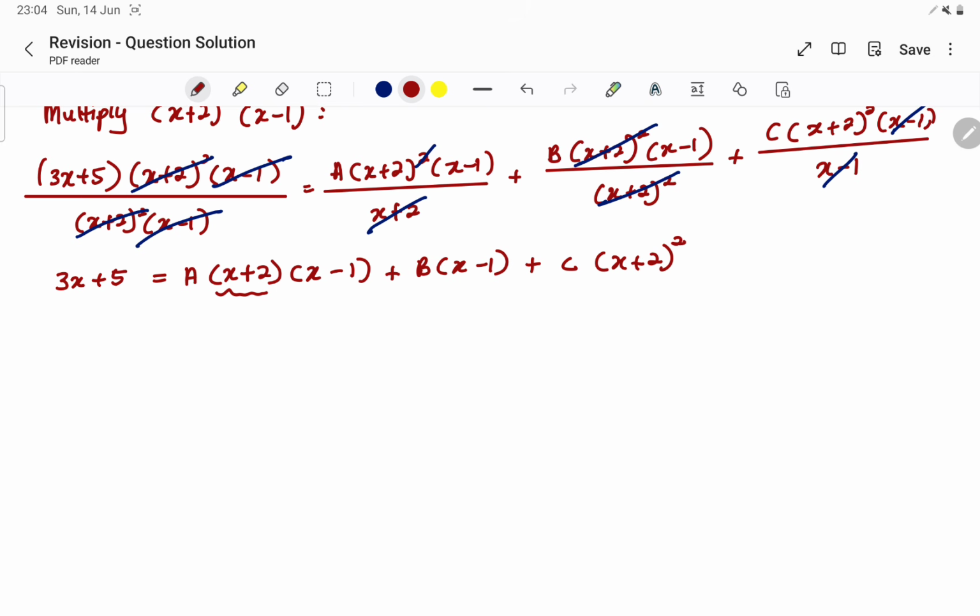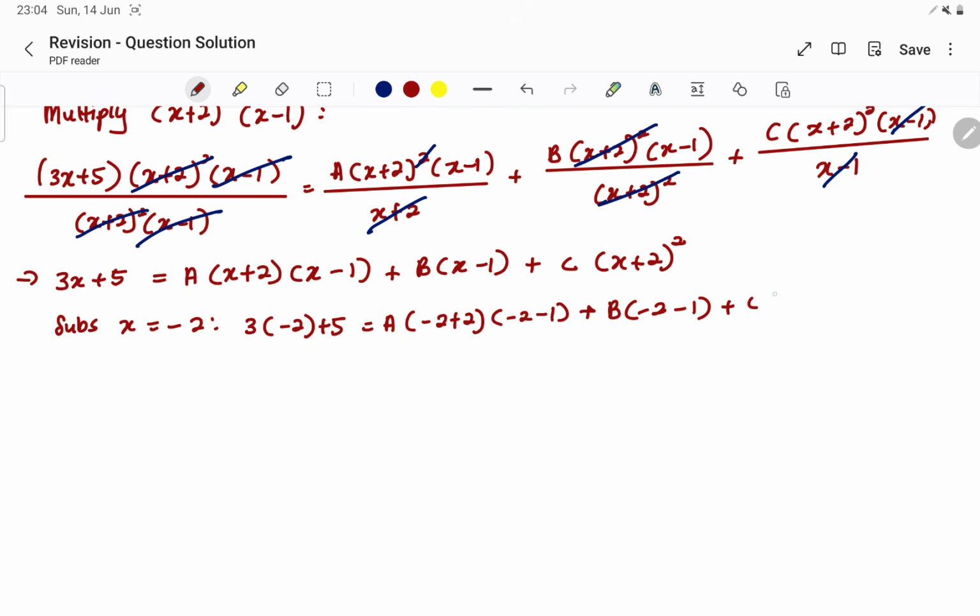If you see x plus 2, what is the value that is suitable to make it 0? I will choose negative 2. So substitute x equal to negative 2 into all of this expression. 3 multiply negative 2 plus 5 equal to a(negative 2 plus 2)(negative 2 minus 1) plus b(negative 2 minus 1) plus c(negative 2 plus 2) square.